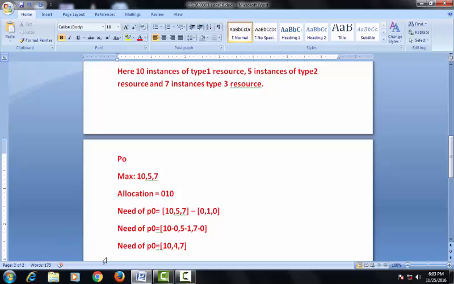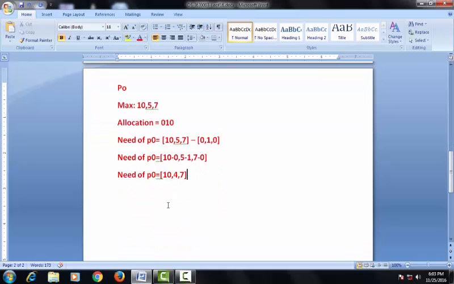Subtract each entry from the corresponding entry. Right, that is the need. We first calculate the need, then we will proceed further.